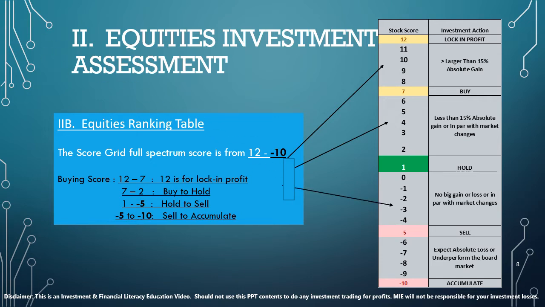Hold to sell means the fundamental or the momentum or your valuation method is showing that the stock is getting a bit tired, so you would like to sell a bit or lock in the profit so that you are not losing anything, because the holding value is almost equivalent to your profit. Yeah. So 5 and 10 means you want to sell it, or it is close to the lowest range where you would like to accumulate again if you have conviction in the long term for the stocks.